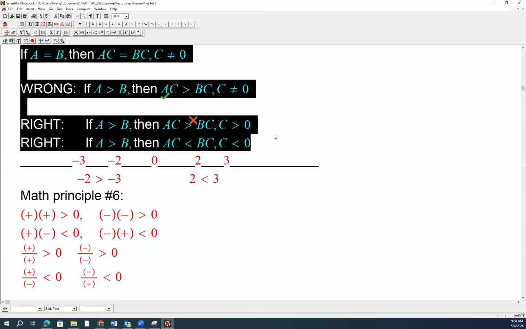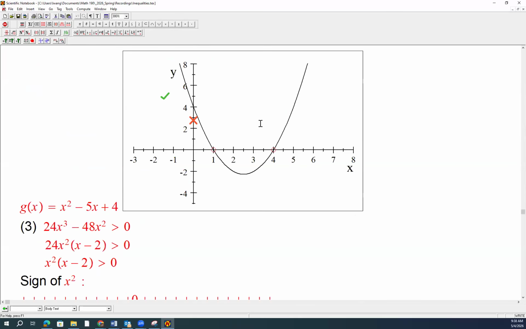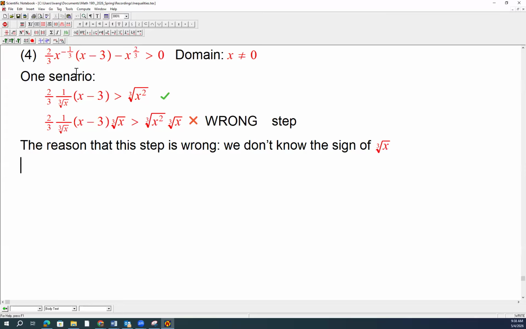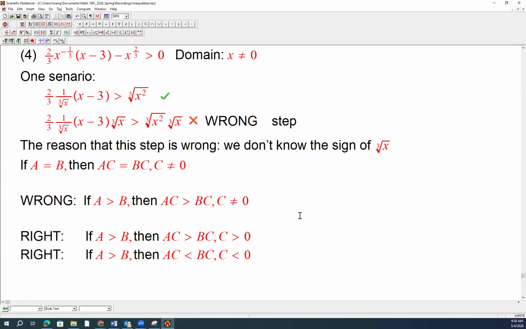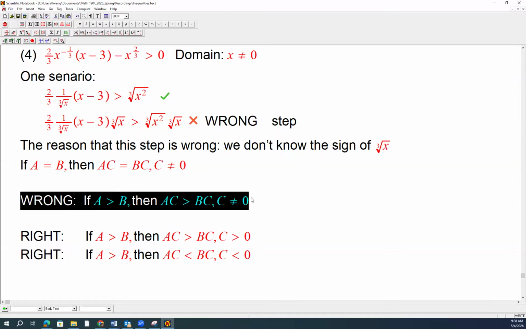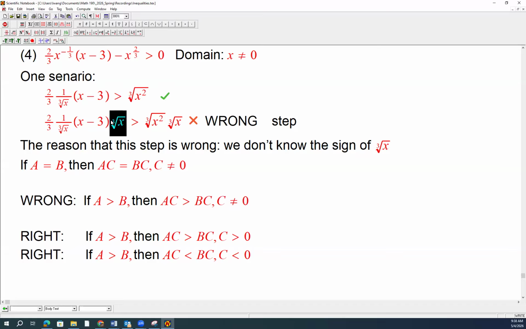All of these, I'm going to copy and paste and bring it here. We can do that, yes, but we don't have equal. It's wrong to do that because we do not know the sign of C, and C is the cubic root of x.